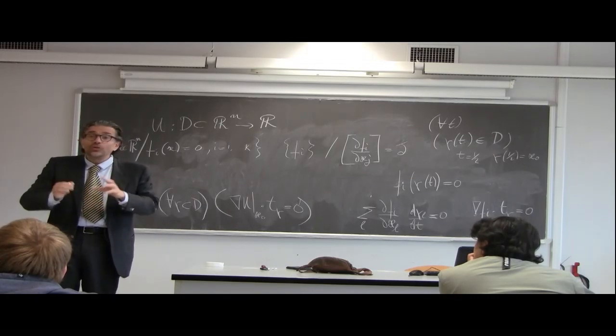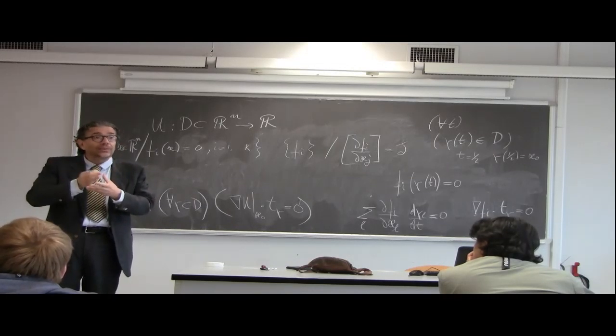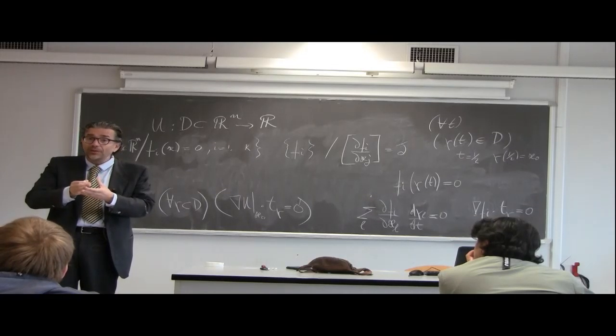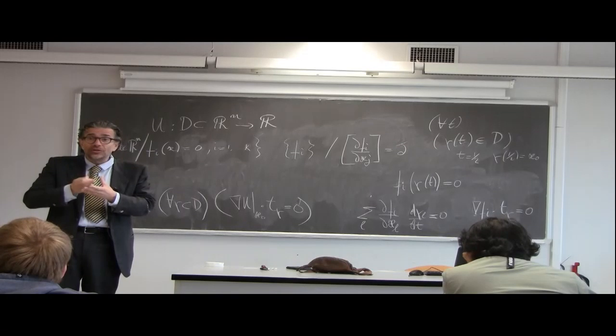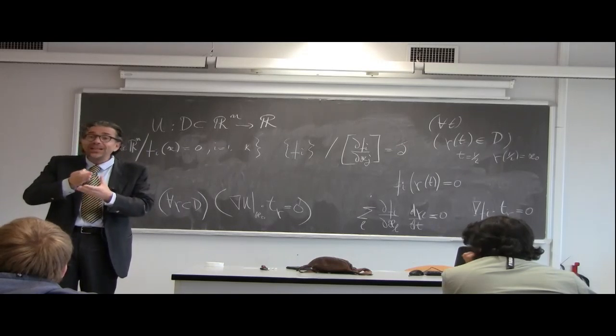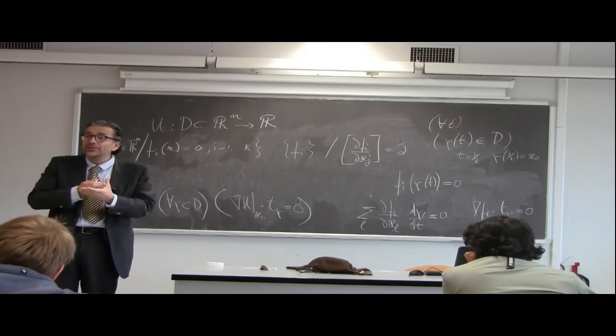Okay? So the space can be split in the direct sum of k orthogonal vectors and n minus k tangent vectors.